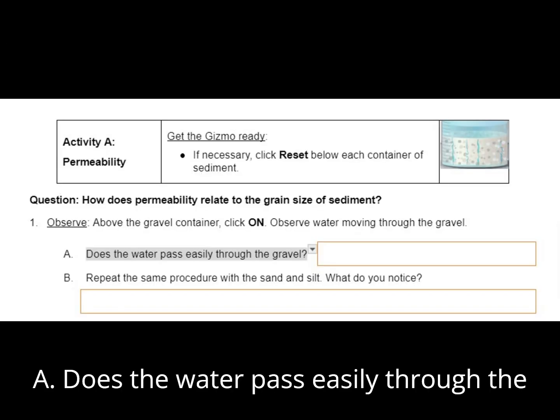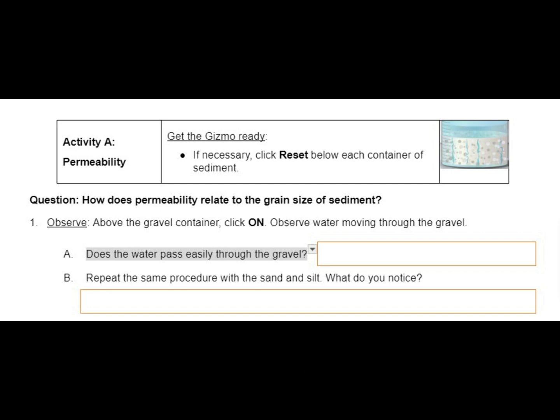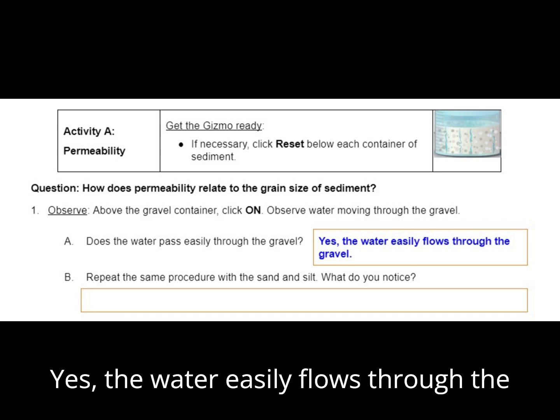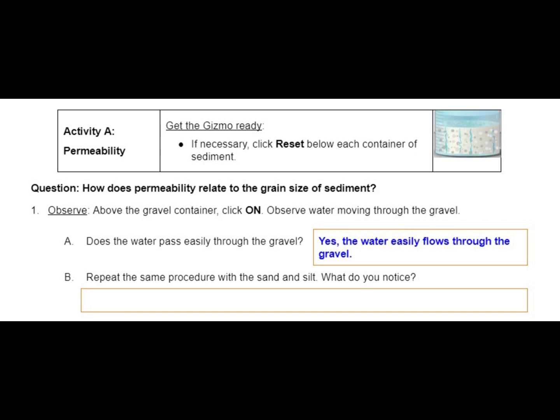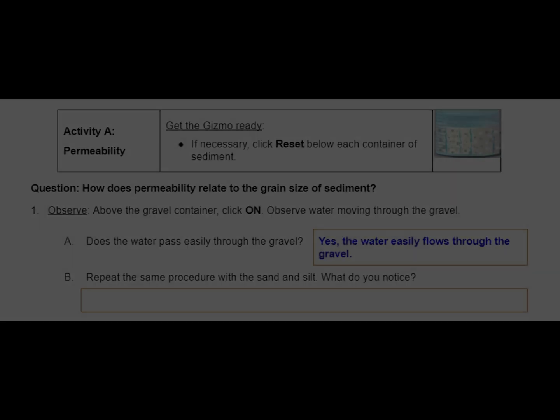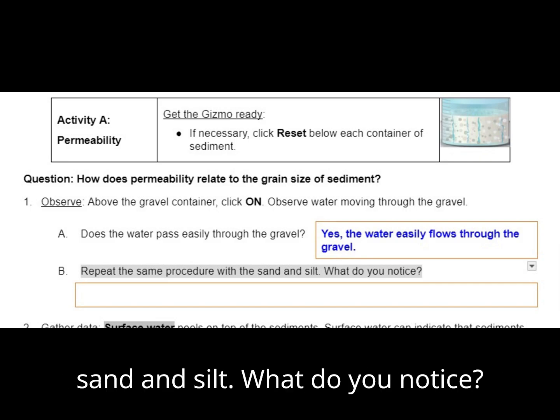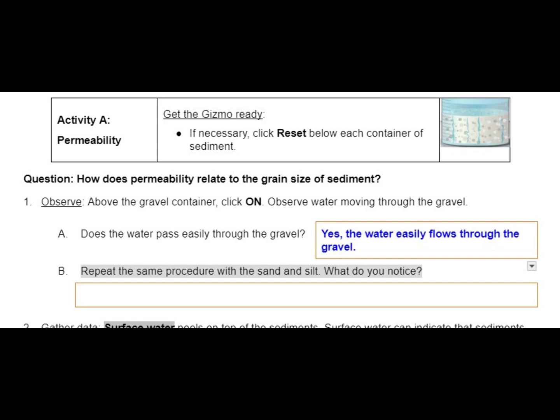A. Does the water pass easily through the gravel? Yes, the water easily flows through the gravel. B. Repeat the same procedure with the sand and silt. What do you notice?